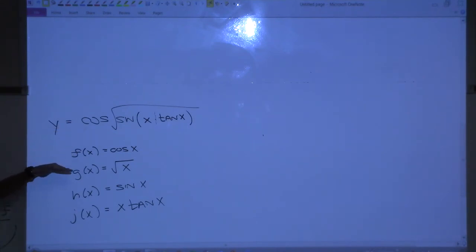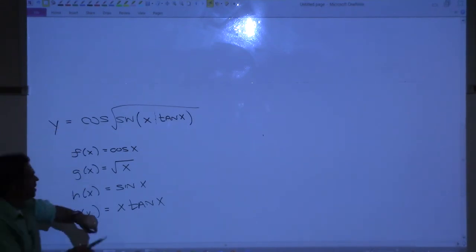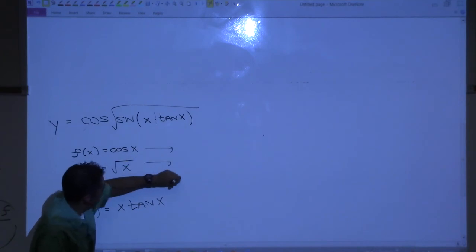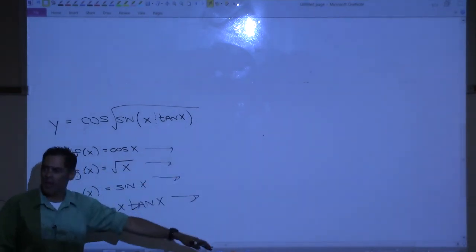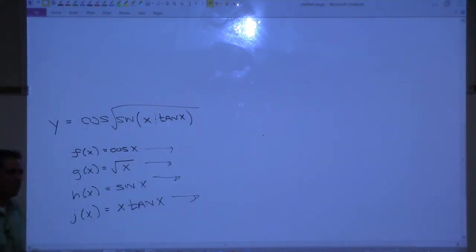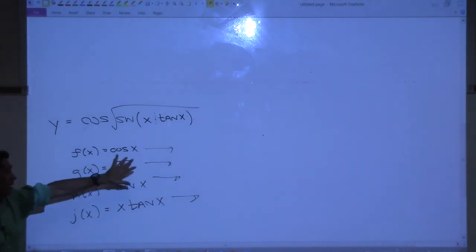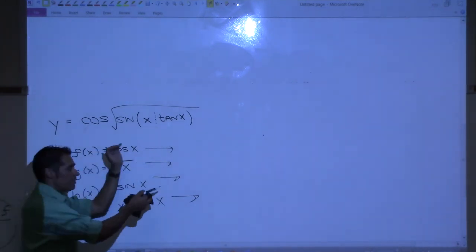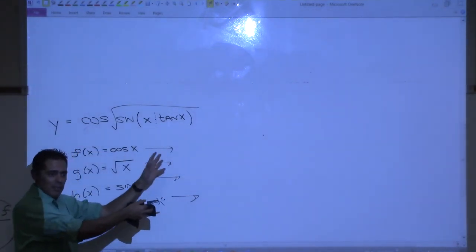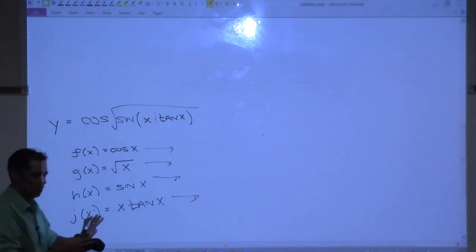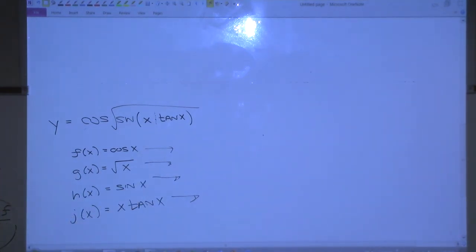F, the outer function, G, H, J. Then go take the derivatives of each one and then start building out the chain rule that way. Yes, you could do it, and maybe you're one of those students that are like, this makes the most sense to me. Okay, but eventually you have to let this go. Like eventually you have to move to a place where you can just take the derivative more visually, piece by piece.